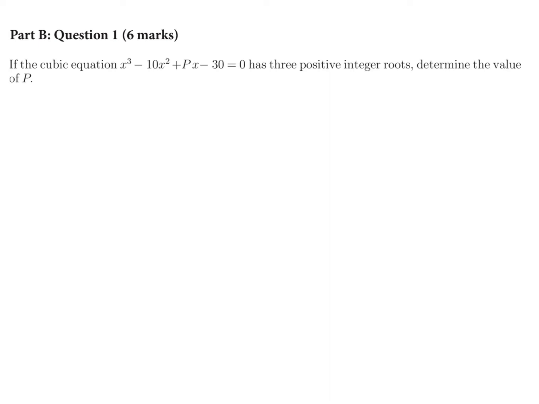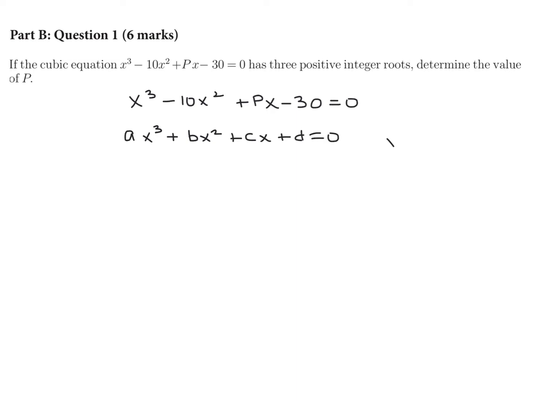We have x to the power of 3 minus 10x squared plus px minus 30 equals 0. Now this is of course of the form ax to the power of 3 plus bx squared plus cx plus d. And there is a formula known as Vieta's that helps us with regard to the roots.